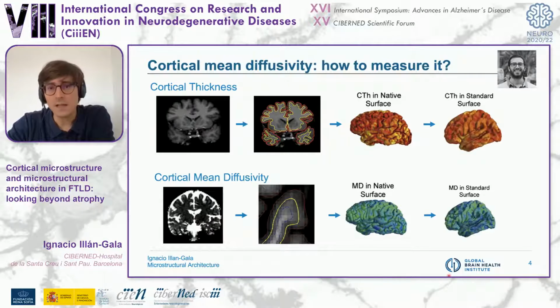Then, finally, for both metrics, we normalize our data to standard space and we smooth it using a Gaussian kernel of 15 millimeters before statistical analysis. This elegant method for the study of cortical mean diffusivity was developed by Victor Montal, a highly talented neuroscientist that is working in the neuroimaging core of our lab.